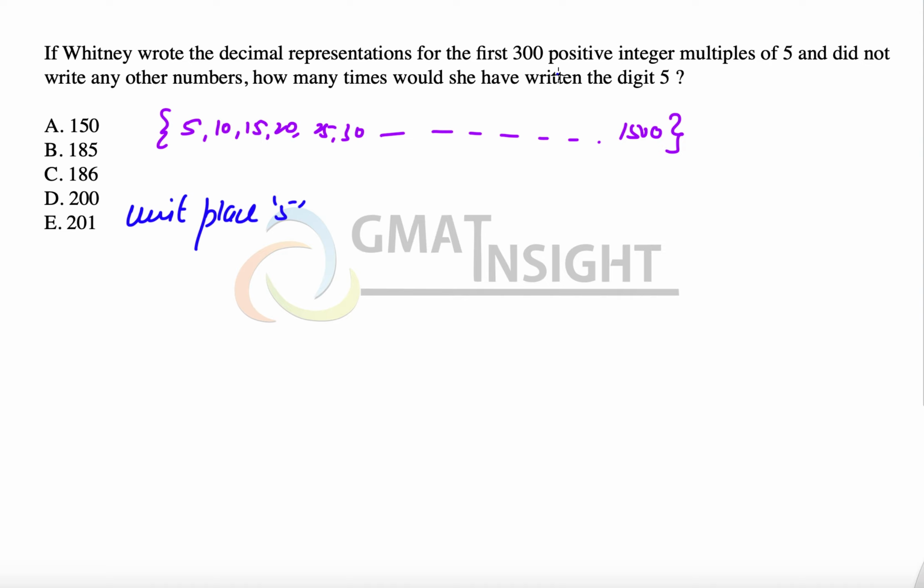We have 300 numbers, and every odd multiple of 5 will have the unit digit 5. Half of them will be the odd multiples of 5, so 150 times 5 has been used at the unit place.